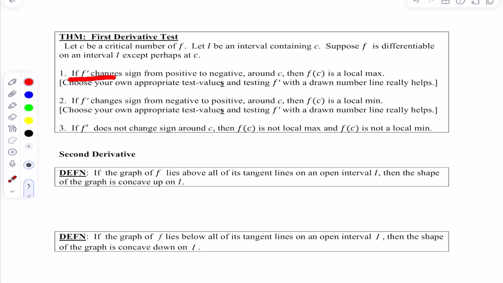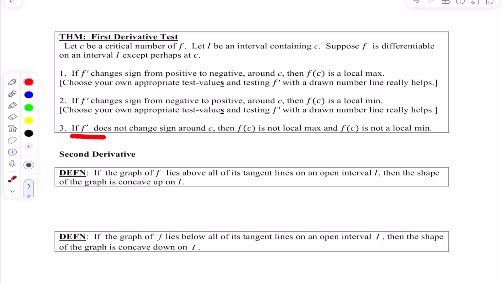So if the first derivative changes sign from positive to negative around C, meaning in the open interval before C and in an open interval after C, then f of C is a local max. Similarly, if the first derivative changes sign from negative to positive, once again in an open interval before C and an open interval after C, then f of C is a local min. Once again, choose your own appropriate test values, and testing the first derivative with a drawn number line really helps.